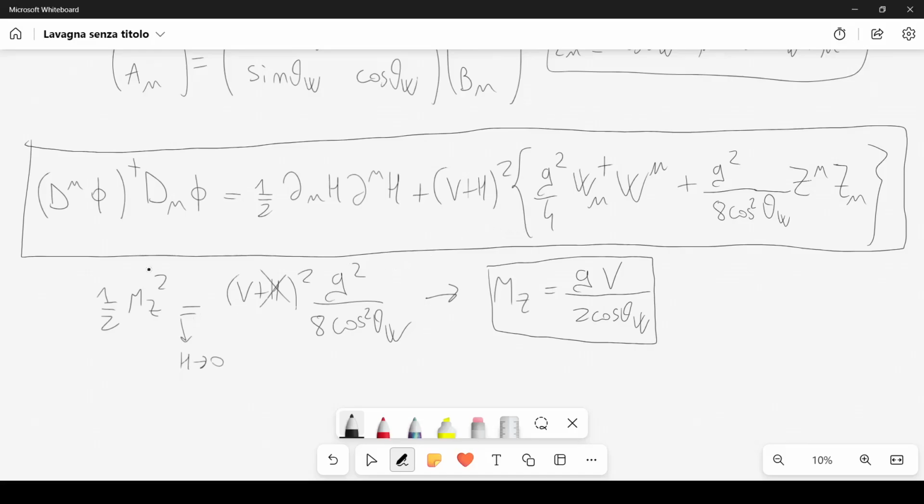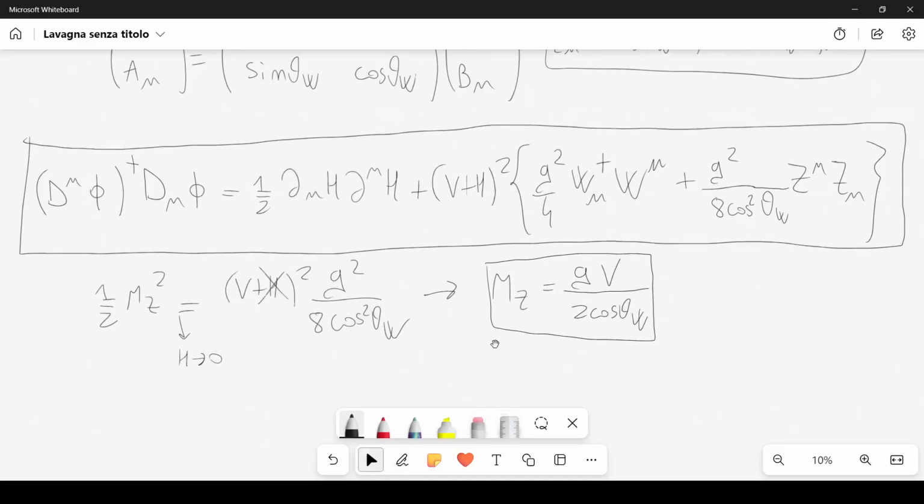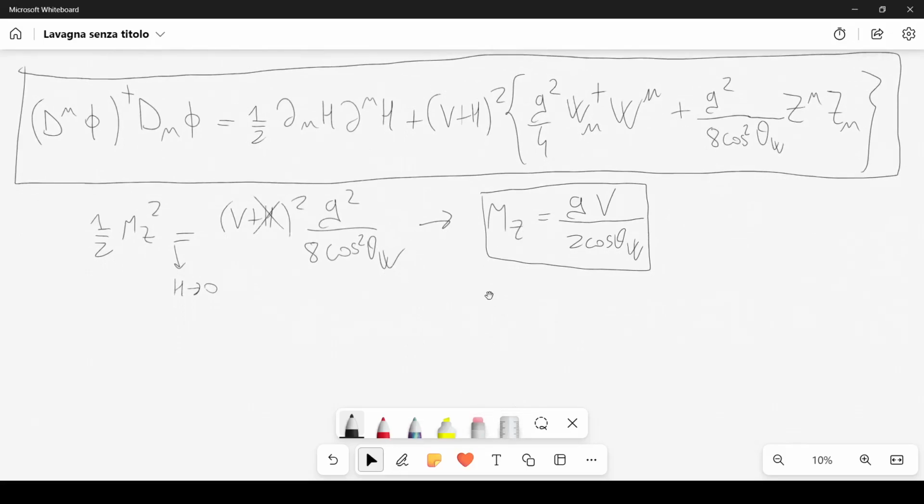Now, the mass appears like this in a theory, in a scalar field Lagrangian in particular. Remember, for example, the Lagrangian for a scalar field. So for a scalar field, we have L_S, where S stands for scalar.